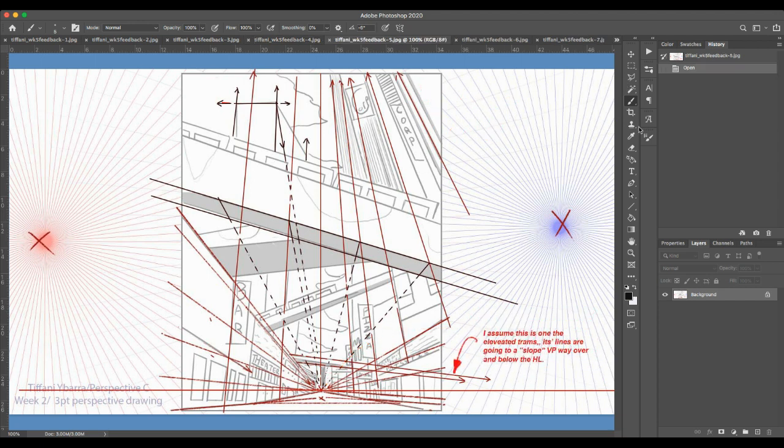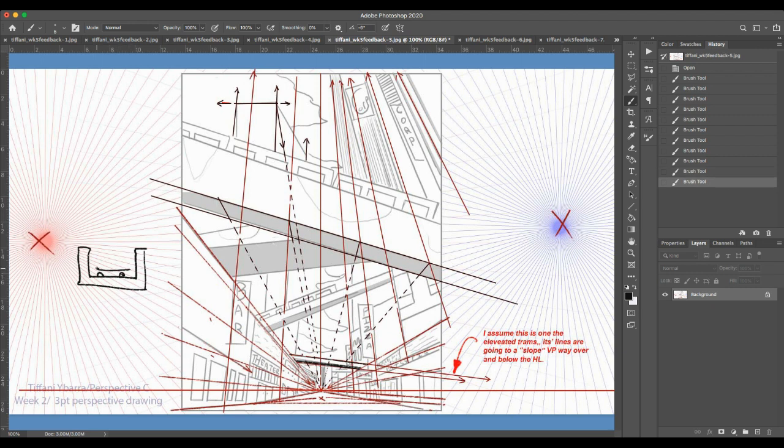Now these elevated trams, yeah, these lines are going to a slope. Just so you know, I'm looking at this and seeing this feature, which is working like this, and I can see you've drawn it as though there's an underside. It looks like there's something like this in the train track, and then a train is going to be running something like this, and these are kind of protection bulwarks.